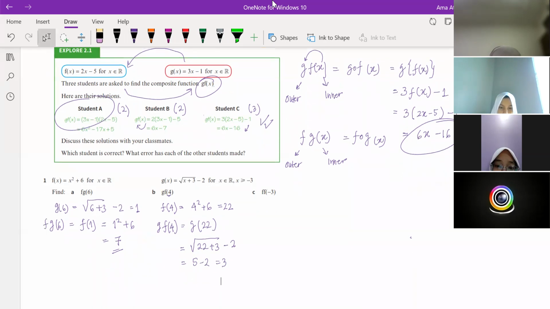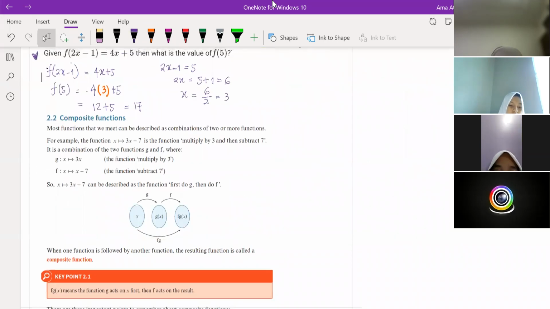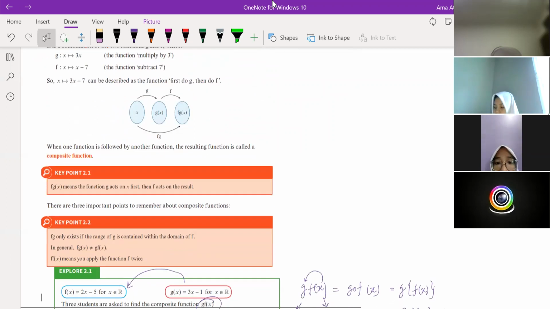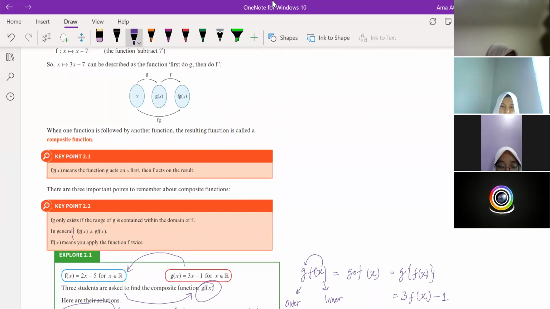From these two solutions, we will see that f of g of x is not the same as g of f of x. There is a property here: f of g of x does not equal g of f of x.